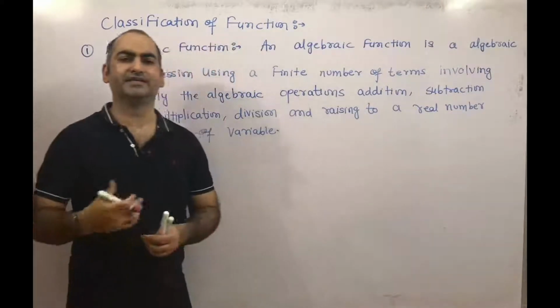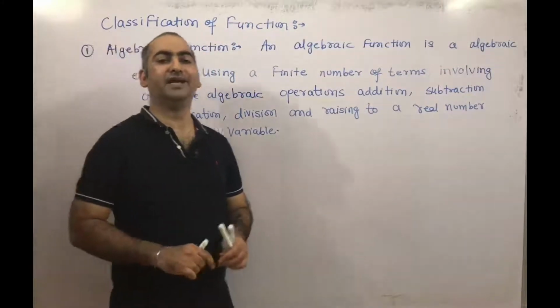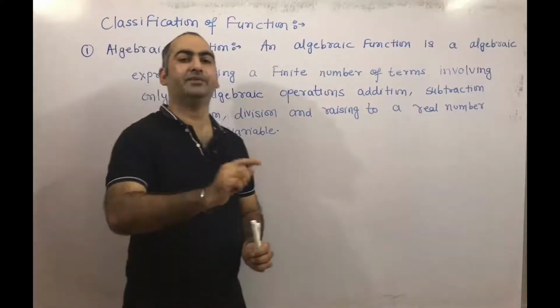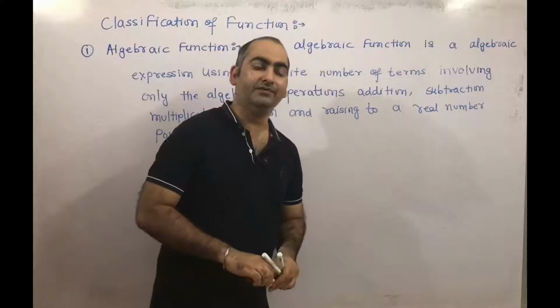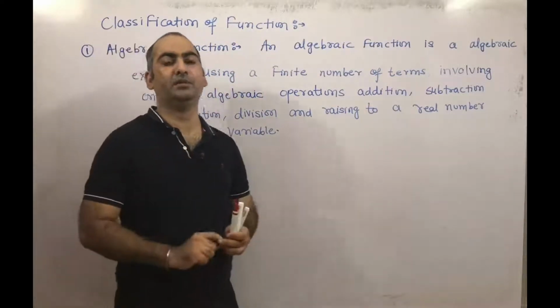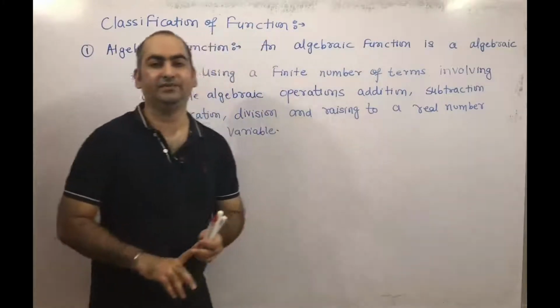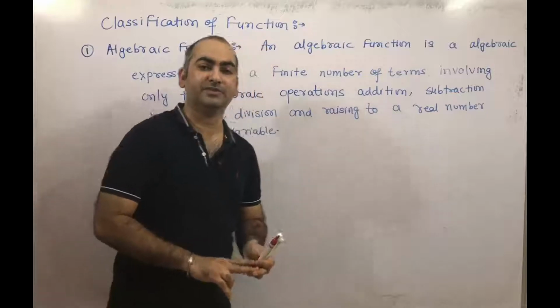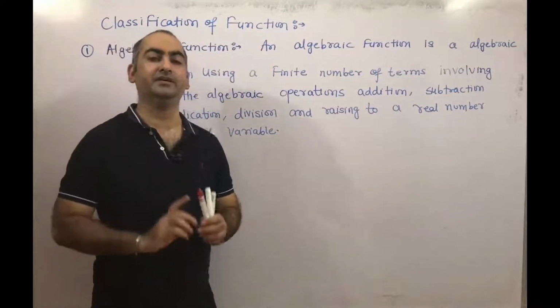We'll discuss examples also, but before that, we can categorize algebraic functions into two categories according to the number of variables. If in an algebraic expression I have one variable, that is called single variable, and if I have more than one variable, then that expression is called a multivariable algebraic function.